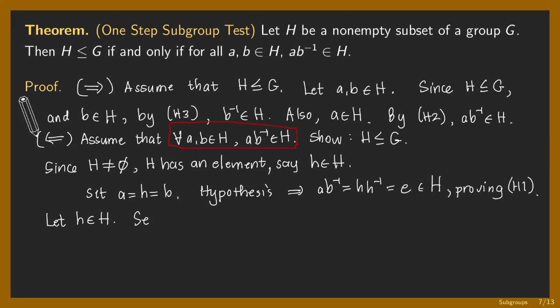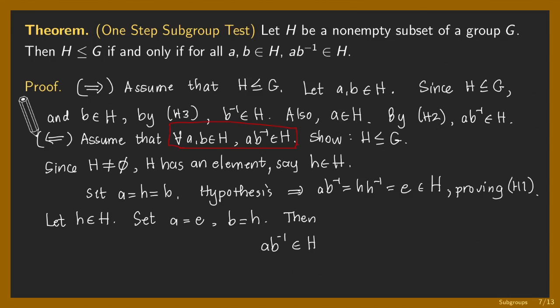To do this, I simply set A to e and set B to h. Because if I do this, if I calculate AB inverse according to the hypothesis, this is in H, right?